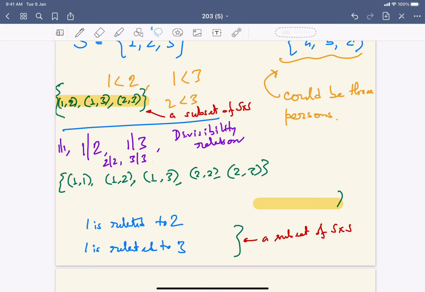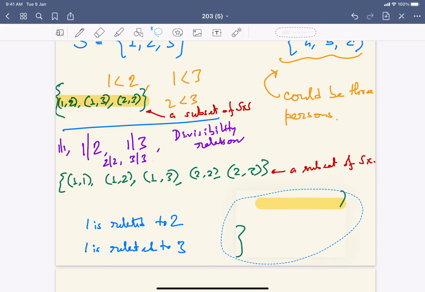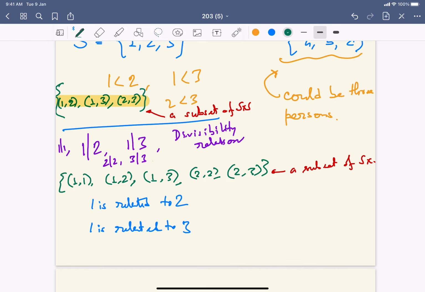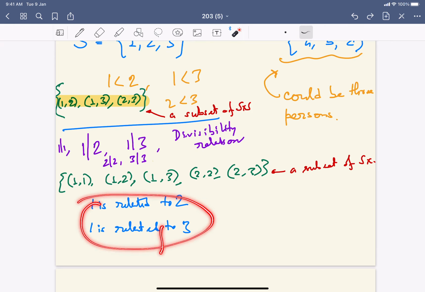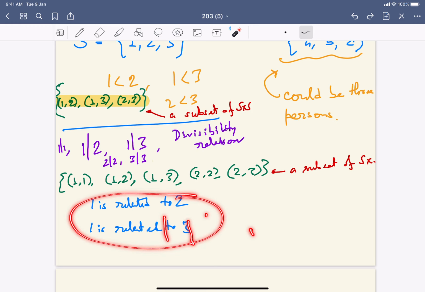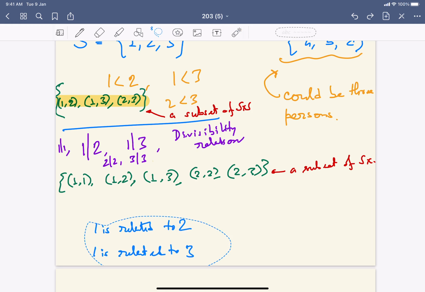Okay, and so this is a subset of S cross S, and writing all that would take a while, so let me delete it. I thought of describing it, I should have just circled it.